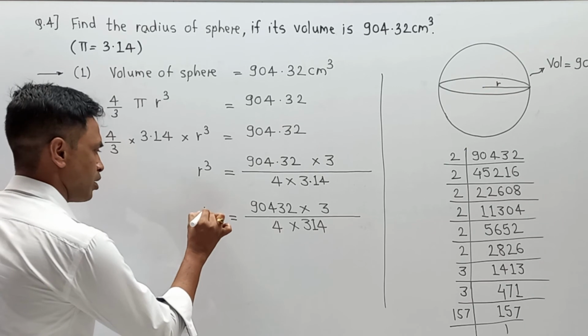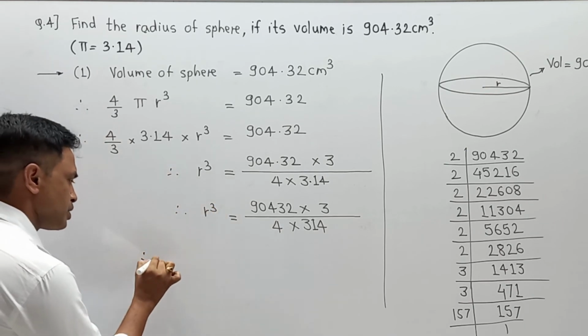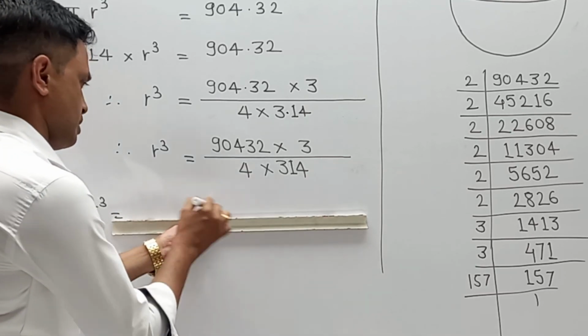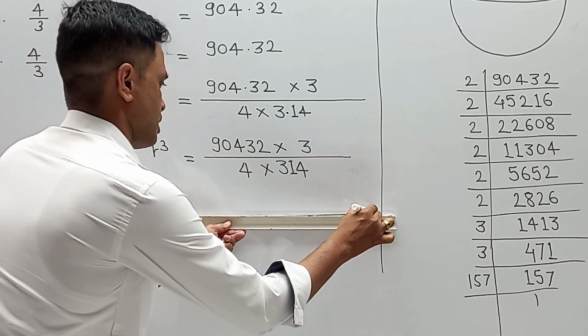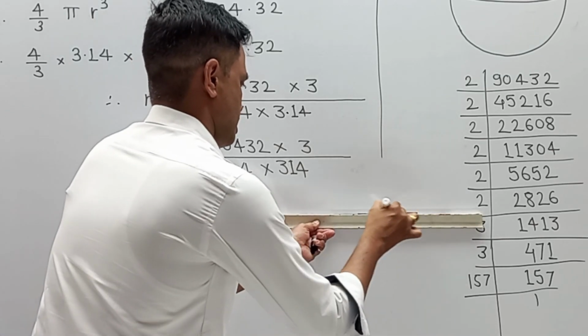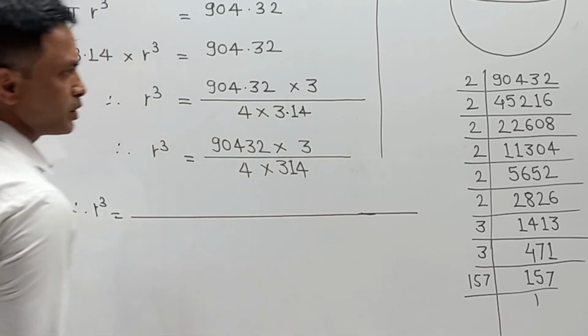So the value of r cube. Here r cube is equal to the part 90,432.